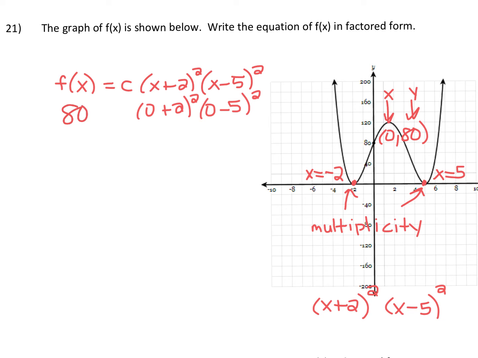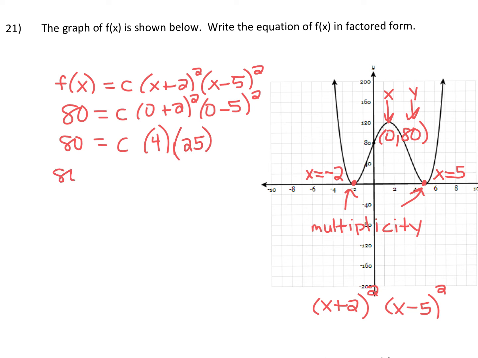And then I'm just going to bring down the equals and the c. All right, so we have 80 equals c times 0 plus 2 is 2, and 2 squared is 4. And then we're going to multiply that by 0 minus 5 is -5, and -5 squared, right? -5 times -5 is positive 25.